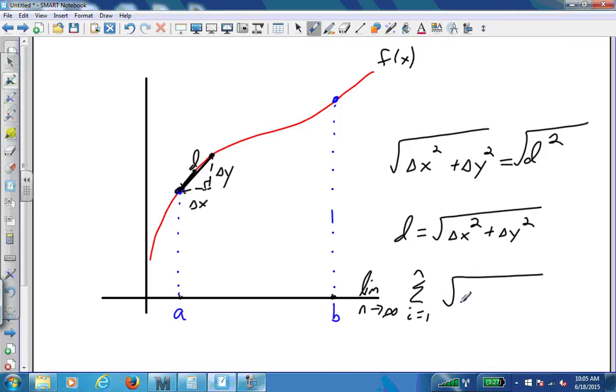So summing the square root of delta x squared plus delta y squared. If we let our number of little sections, little line segments, go to infinity, which means the width of each one of them is going to be very, very small, then that goes to the exact length of our curve.